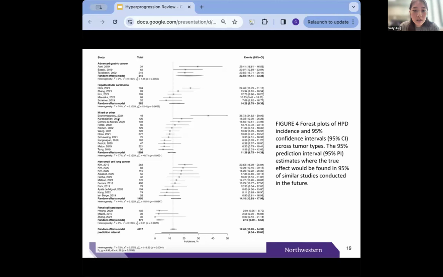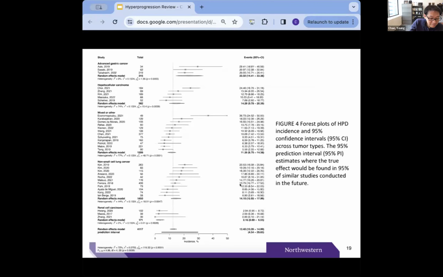RCC, renal cell carcinoma, had the lowest estimate of 2.16%. So univariable analysis showed tumor histology as a significant moderator for hyperprogressive disease incidence, with estimated incidence of HPD significantly higher in advanced gastric cancer, non-small cell lung cancer, hepatocellular carcinoma, and mixed when compared to the renal cell carcinoma.